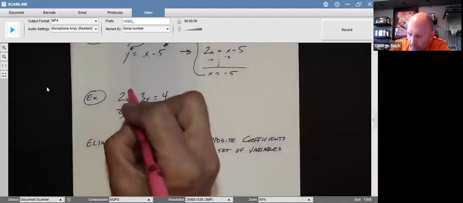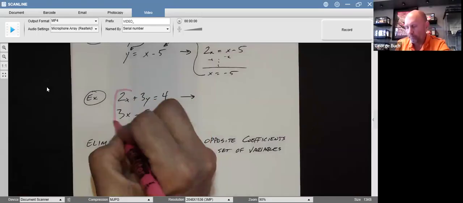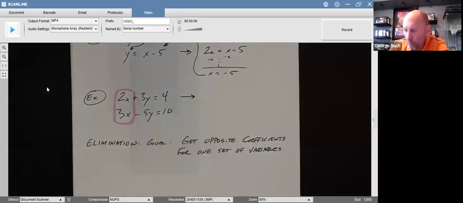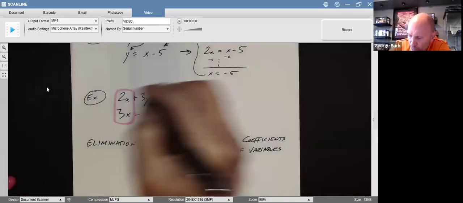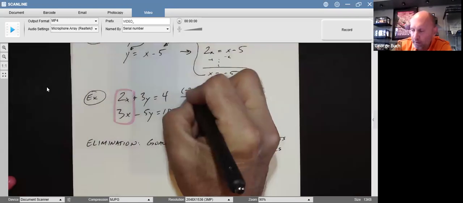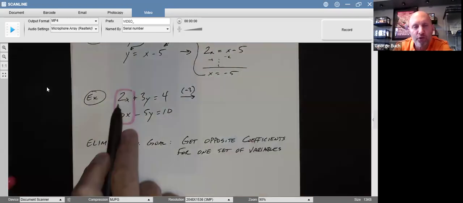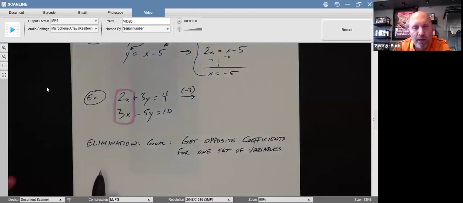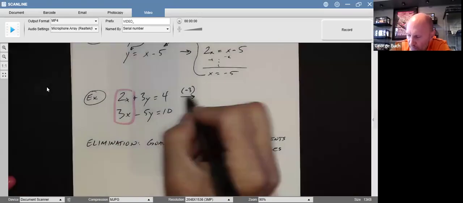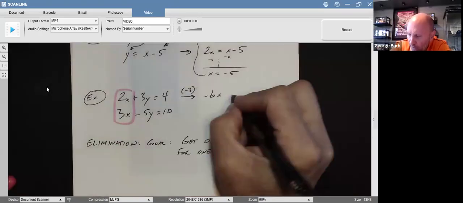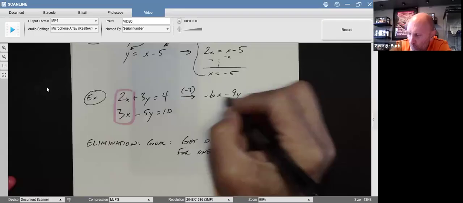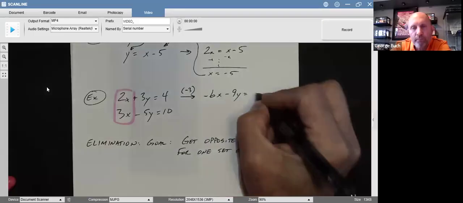If I want to get opposite coefficients, I can do what? I could multiply this first row by -3. And as long as I multiply every term in this equation by -3, I haven't really changed the equation. I just changed how it looks. So I get -6x minus 9y equals -12.